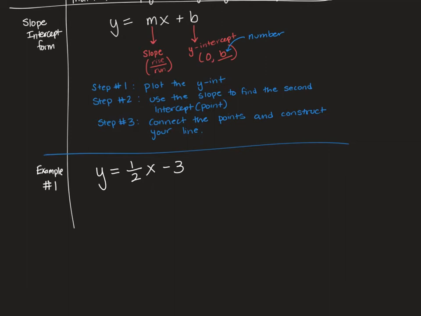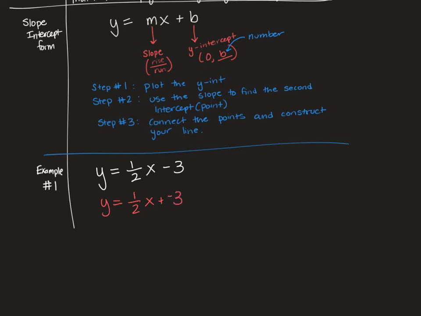So this equation is already in y equals mx plus b. I know this is minus 3, so technically we could say that this is plus negative 3. And then it would be exactly in y equals mx plus b form. So we could say this is y equals 1/2 x plus negative 3.